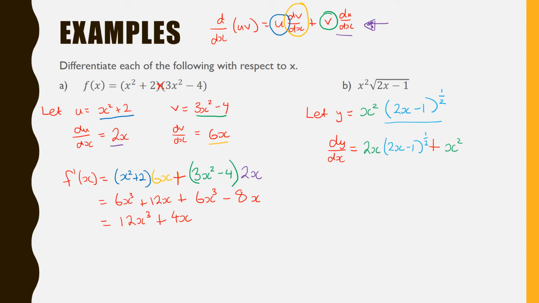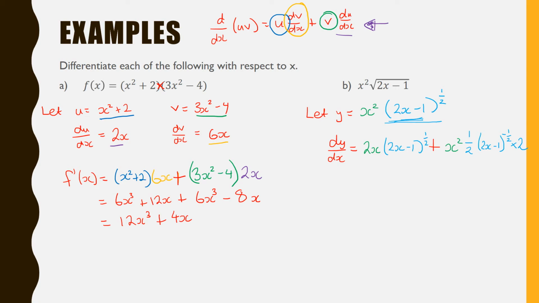So we differentiate the outside function first. We multiply by our power, we leave what's inside the brackets as is, and we subtract 1 from the power. But for the chain rule, we also then need to differentiate our inside function. So we differentiate the inside part there. Derivative of 2x is 2, and derivative of negative 1 is 0.